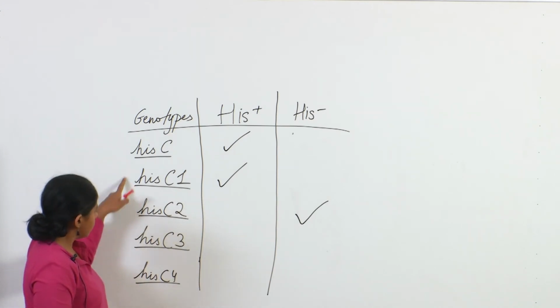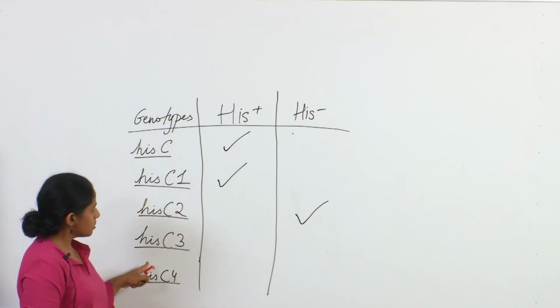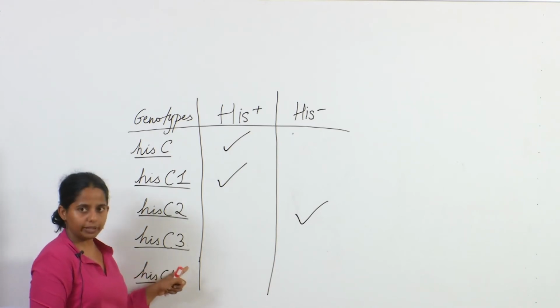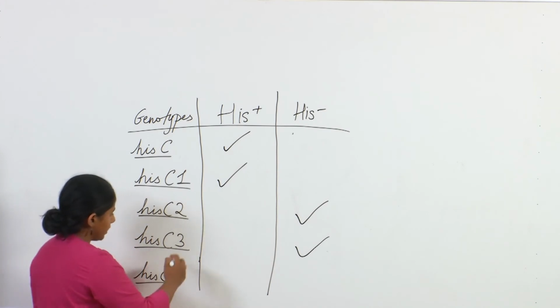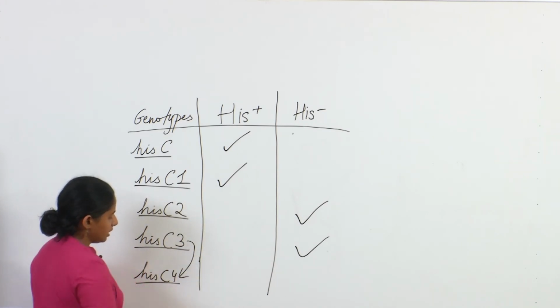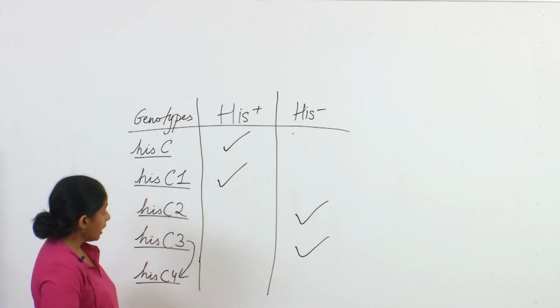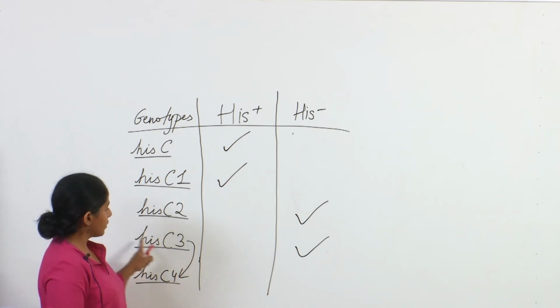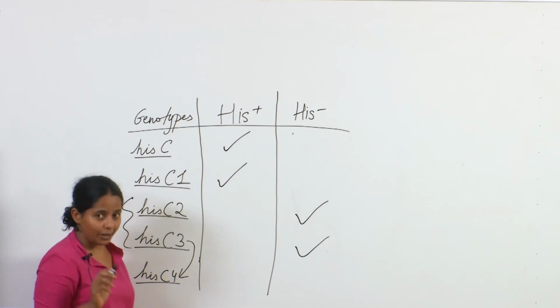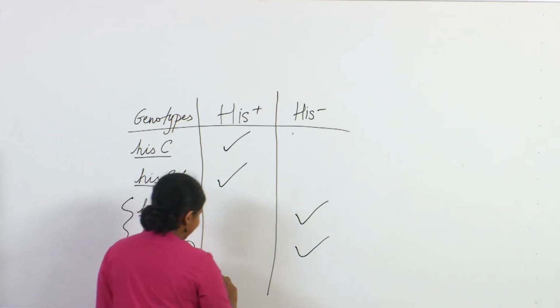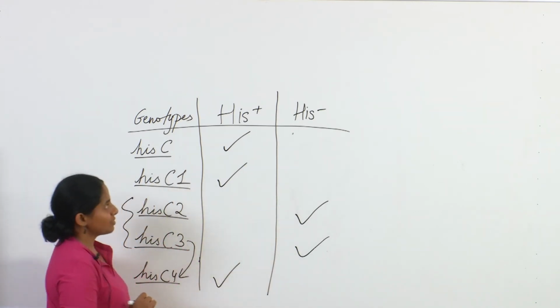Now let us say another mutation, hisC3, also cannot metabolize histidine. Now it is quite possible that I do a mutation to hisC3 and create a mutant hisC4, and this reverses the effect of the mutation that happened here, and hisC4 can now metabolize histidine again. So I have HIS plus.